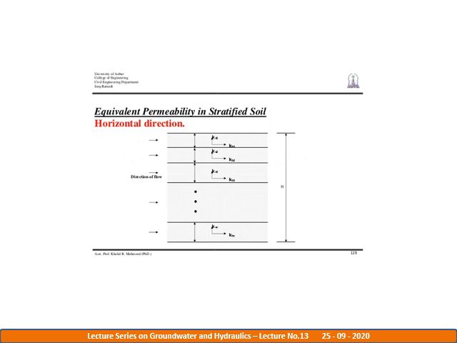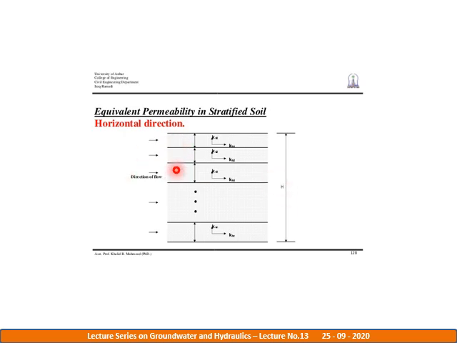Here you can take it as one layered saturated soil, an anisotropic layered soil. I have taken here 5 different layers of soil, stratified soil. Here, whatever the above layer will be, the flow direction will be the same as compared to the height of the area.